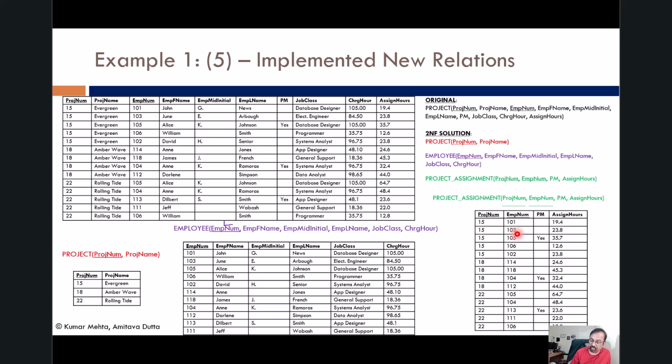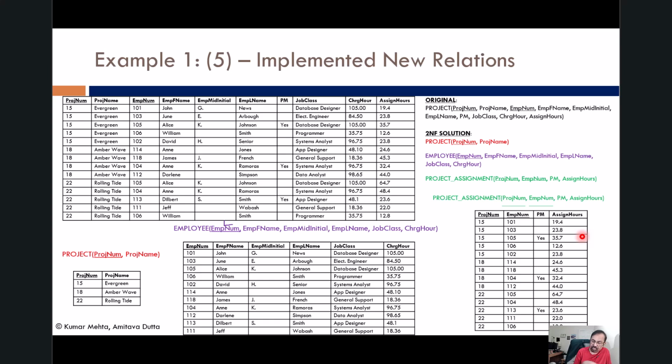All that means, it's a fancy way of saying, unless I know both the project number and the employee number, I can't identify a row uniquely in this table. So here we are with three tables, each of which is in second normal form.